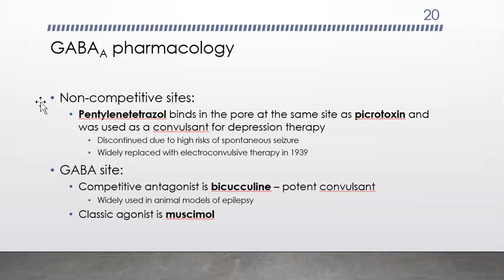Now, obviously, we don't use that anymore, because why would we want to give people convulsions? Also, it had a high risk of spontaneous seizure production. So rather than only having seizures or convulsions when we want them, when we give them this drug, it would then lead to a long-term increased risk of these spontaneous seizures.